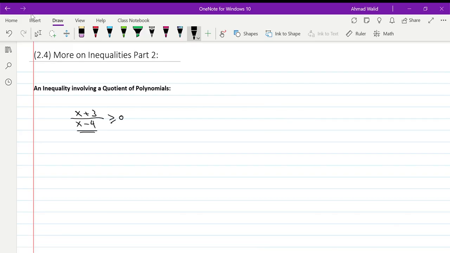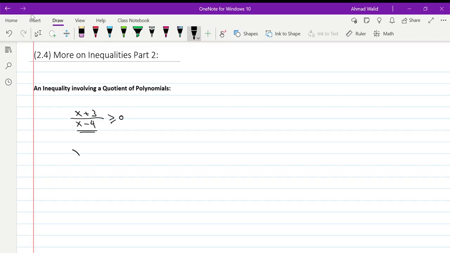How do we solve such rational inequalities? The steps are the same. You have to find the key numbers, then create a table, then do the sign table, and at the end you write your answer. But with rational, you set the numerator and you set the denominator equal to 0.